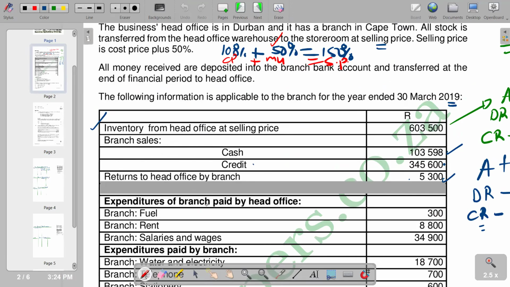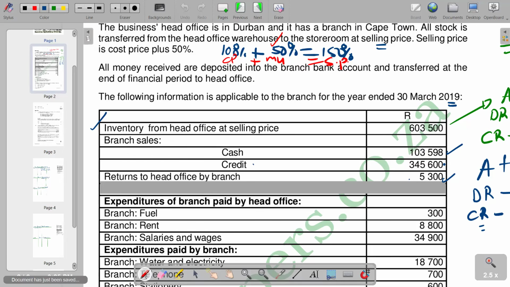We go to expenditures of branch paid by head office. Expenditures of branch paid by head office. And of course, we have fuel 300, rent 8,800, which means these amounts were not paid by the branch bank account, but they are paid by head office, of which we do not have the head office bank account.